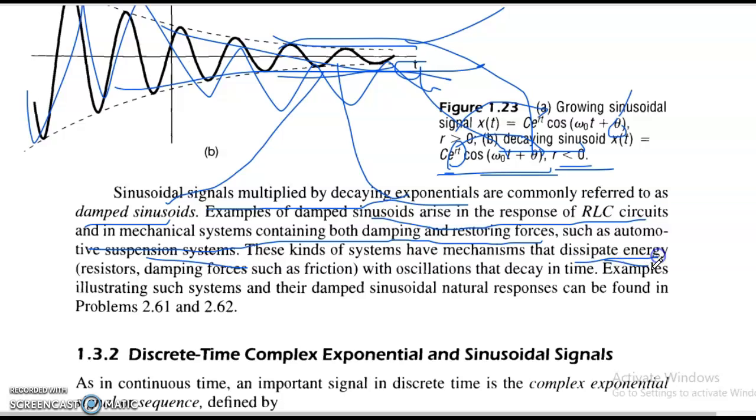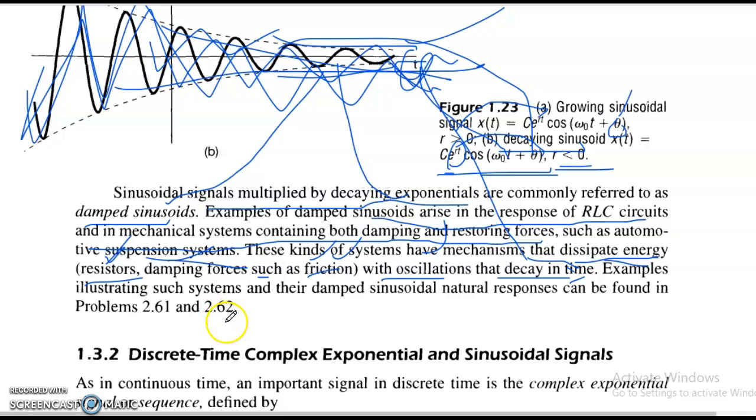Here is the important point: they dissipate energy. The resistor dissipates energy, and damping forces such as friction, as in a brake, reduce the energy, with oscillations that decay in time.